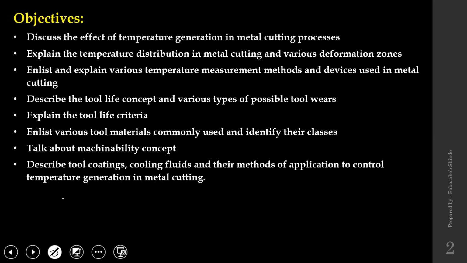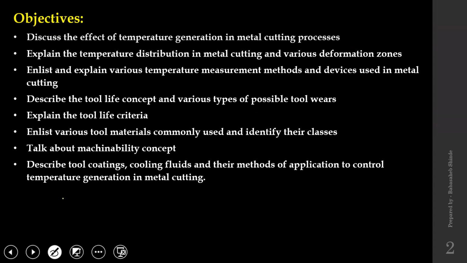Because of its properties, because of their availability, because of their cost also sometimes, right? All these things have to be justifiable, and then you can select that material for certain material removal application.